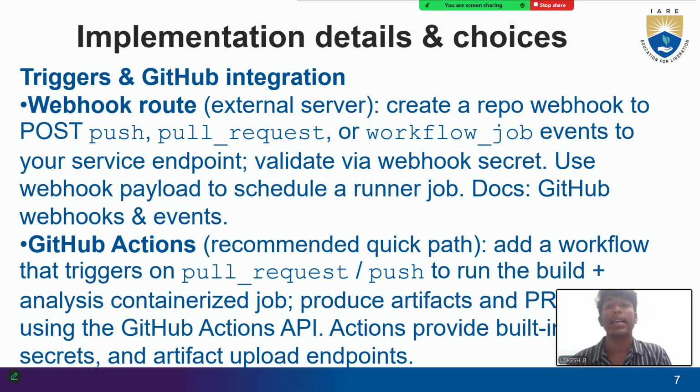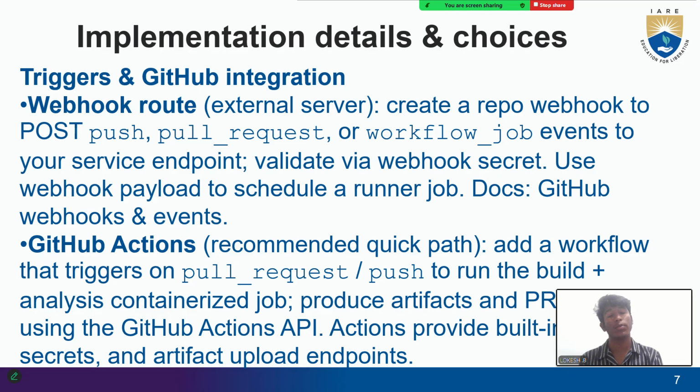Next, triggers and GitHub integration. How do we integrate GitHub? With webhooks: an external server creates a repo webhook to post events like a push, pull request, or workflow job to your server endpoint. Validate via the webhook secret, and use the webhook payload to schedule a runner job.